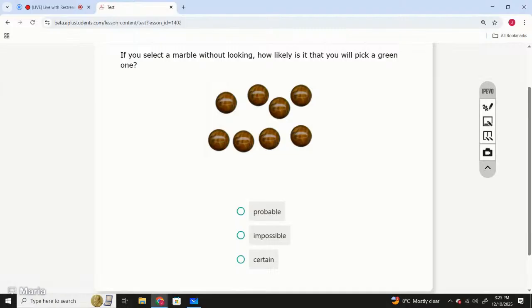So how are you going to pick the green one, right? So it is impossible to pick the green marble. The correct option is impossible.